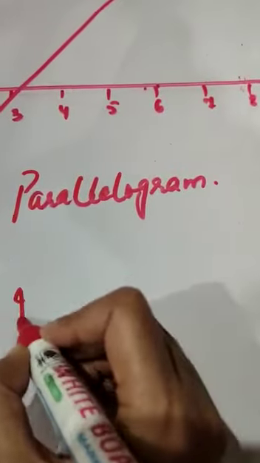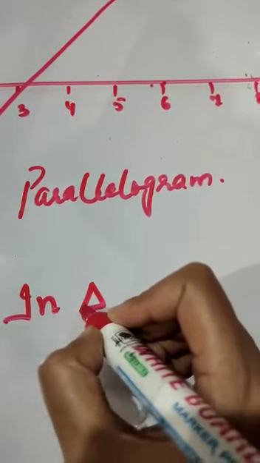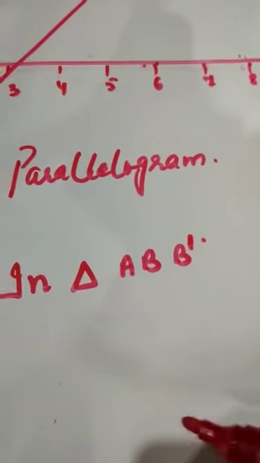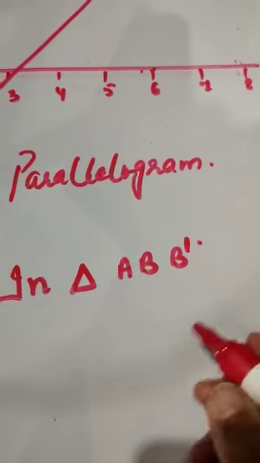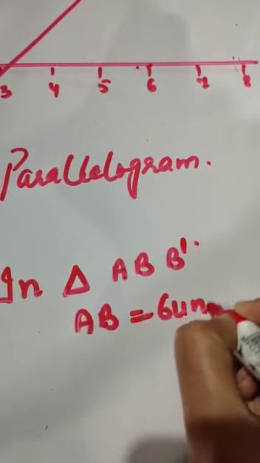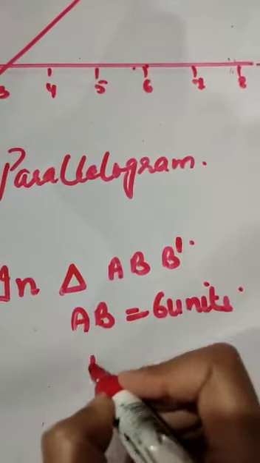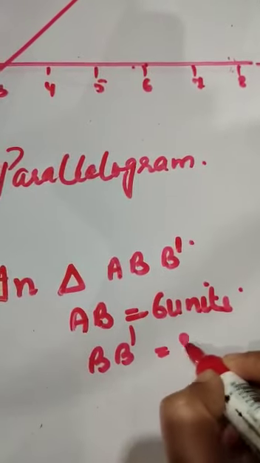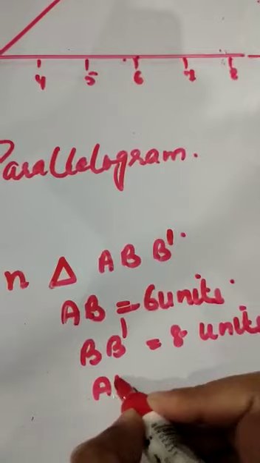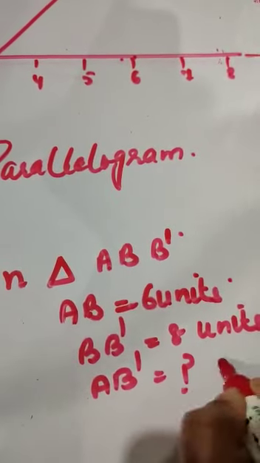So in triangle ABB dash, AB is equal to 6 units, BB dash is equal to 8 units, and we have to find AB dash.